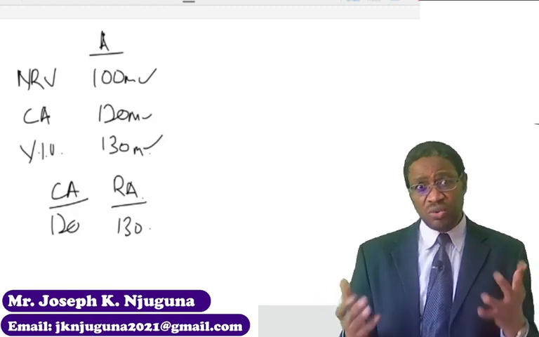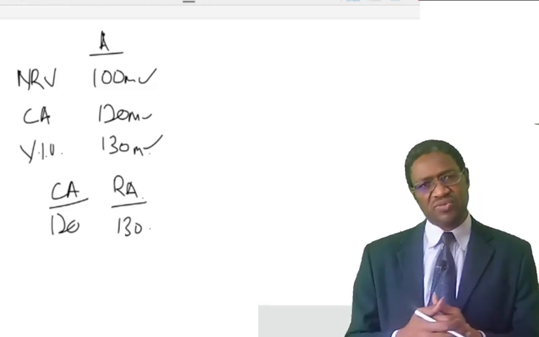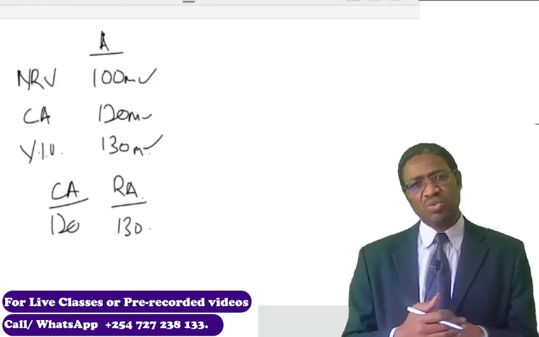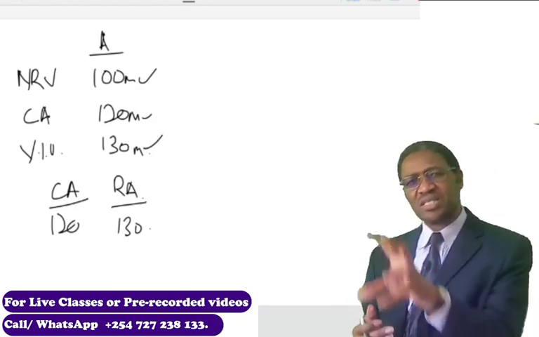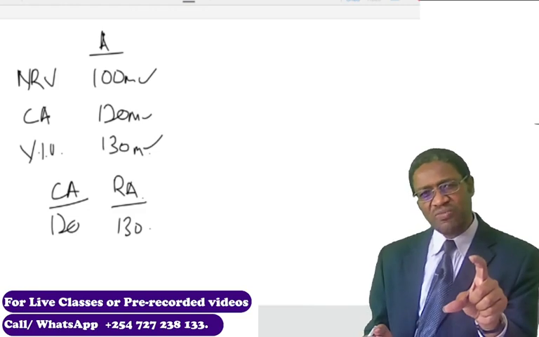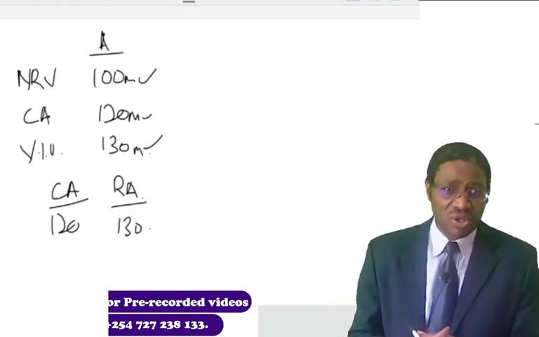Because we have given the condition as to when an asset is said to have suffered. We have already said for an asset to be said to have suffered an impairment loss, the carrying amount of the asset should be higher than the recoverable amount.